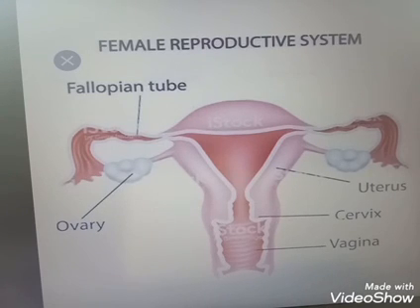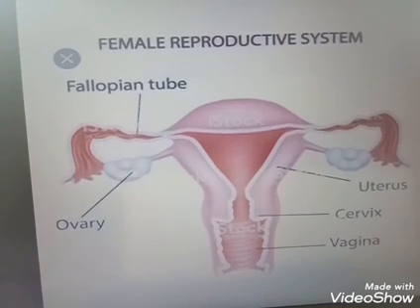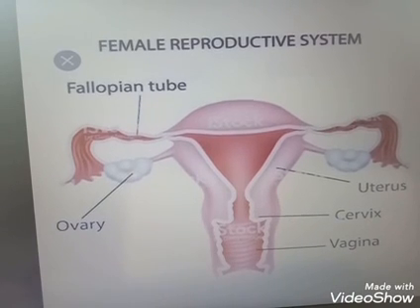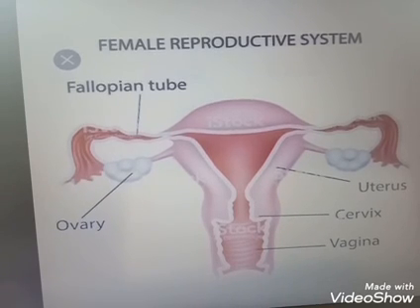It provides the passage for the menstrual flow, receives semen from the male during mating, and forms part of the birth canal during parturition. The vagina along with the cervix makes the birth canal.